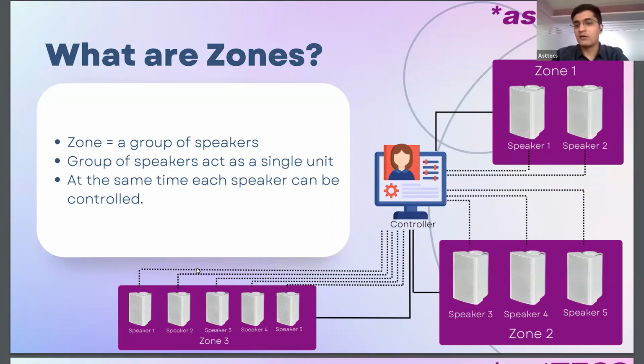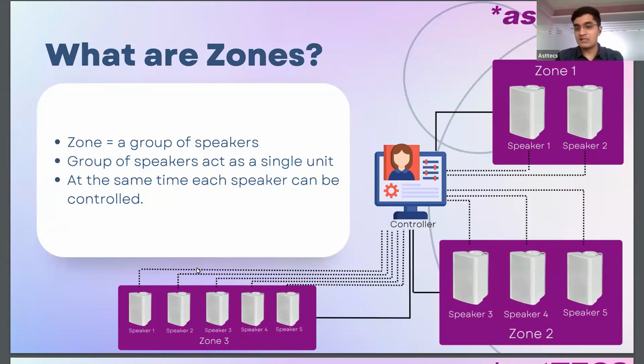Now, when we say a collection of announcement devices, in an analog-based setup you can also have zones, where you have an amplifier, and from your amplifier, you connect 10 speakers. What that essentially does is all your 10 speakers act as one unit. Any sound sent to the amplifier would be relayed onto the 10 speakers and music would play.